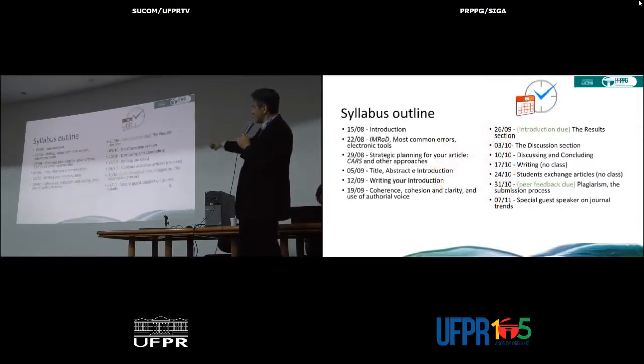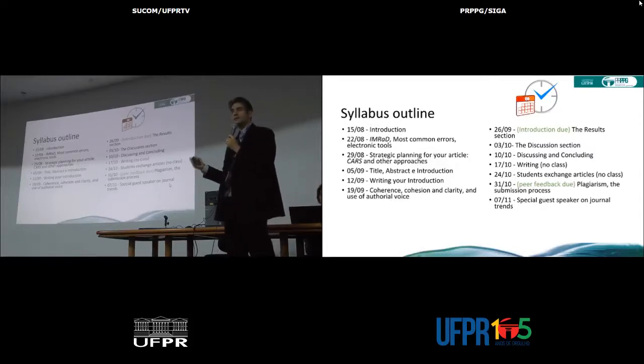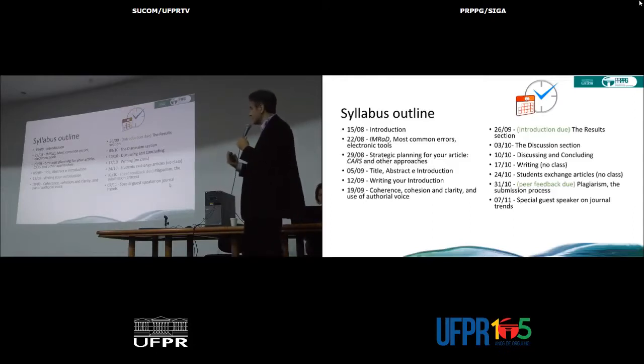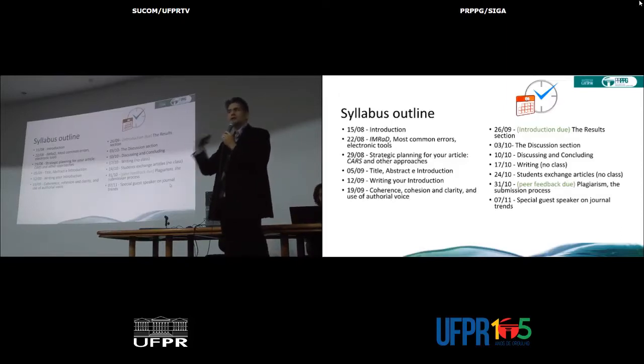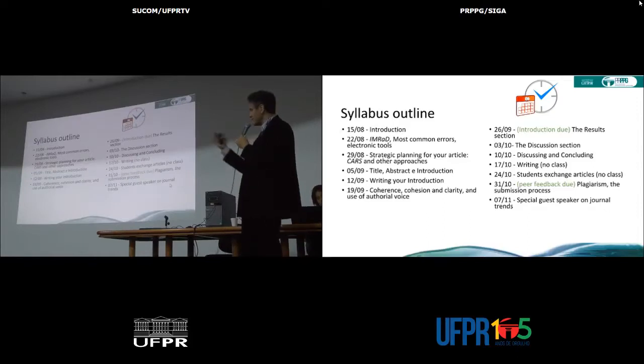So going back to our syllabus outline, here we are today, the 5th of September, talking about the title and the abstract introduction. Next week, we're still going to be talking about writing your introduction, but you're starting to write it today, and we're going to keep talking about it next week. The week after that, we'll talk about elements of coherence and cohesion and other things that are important for that first section.